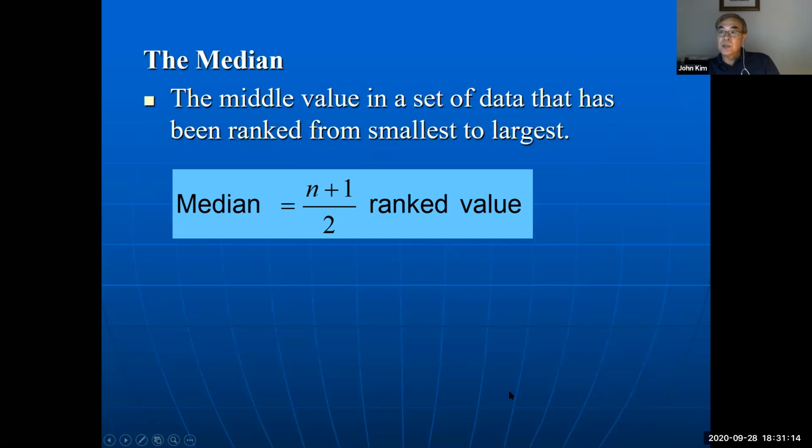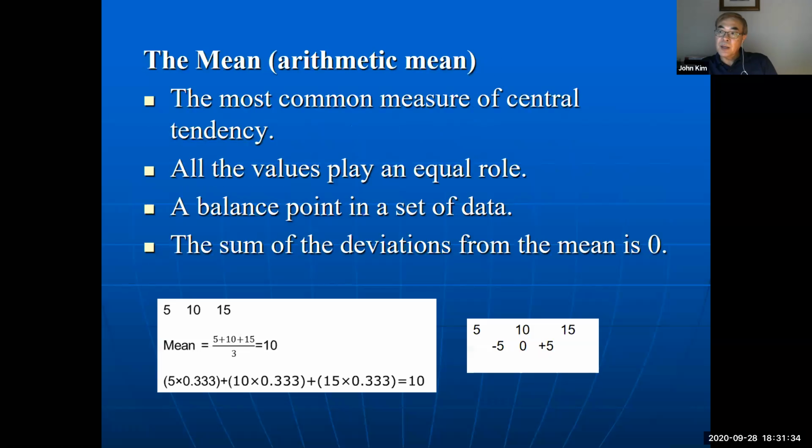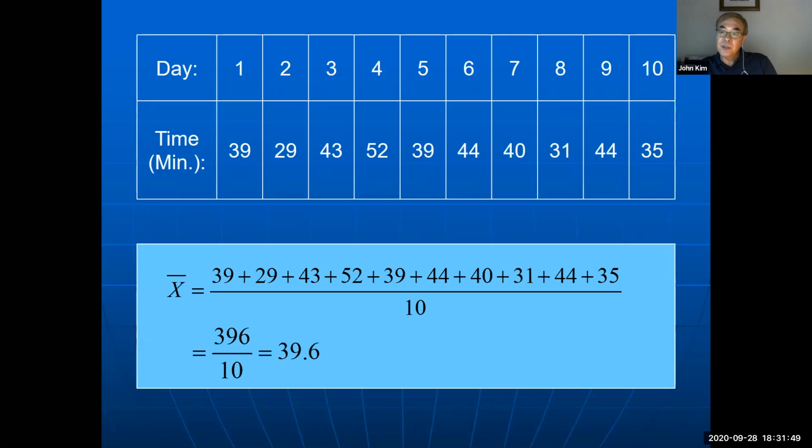And next one is the median, the middle value in a set of data that has been ranked from smallest to largest. So median is kind of a physical middle point. The mean, the earlier one, the arithmetic mean, is the balance point, an arithmetic midpoint, but the median is the physical midpoint.